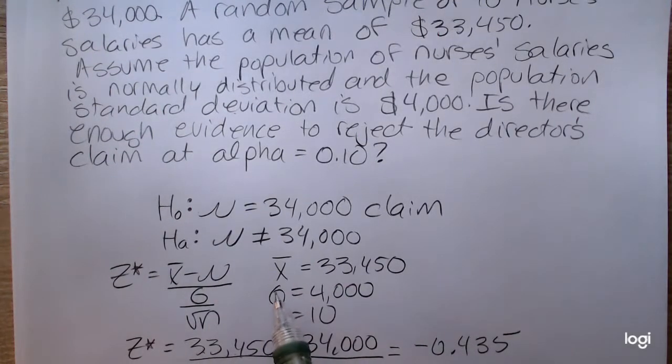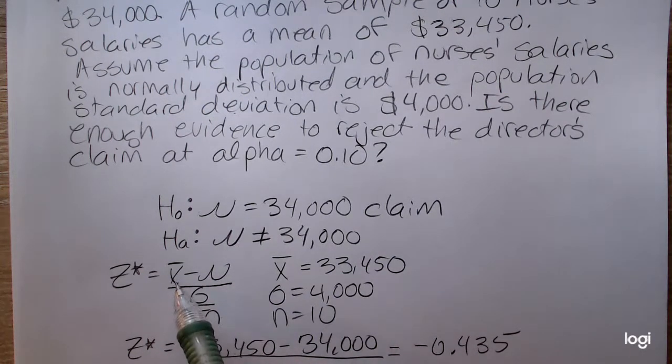To find the p-value, and in this video I'm using the p-value method, we need the standardized test statistic, which is x bar minus mu over sigma over the square root of n, what we observe minus what is hypothesized or claimed, divided by the standard error of the mean, and it is a z-score.